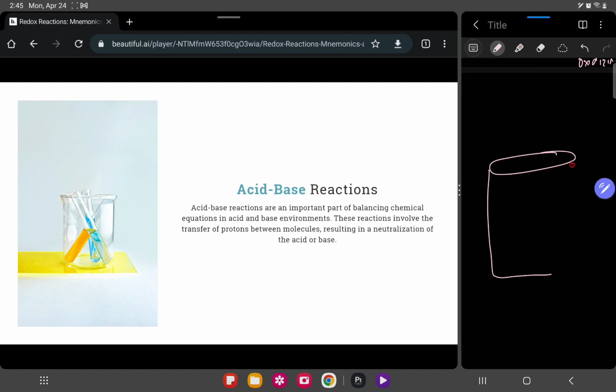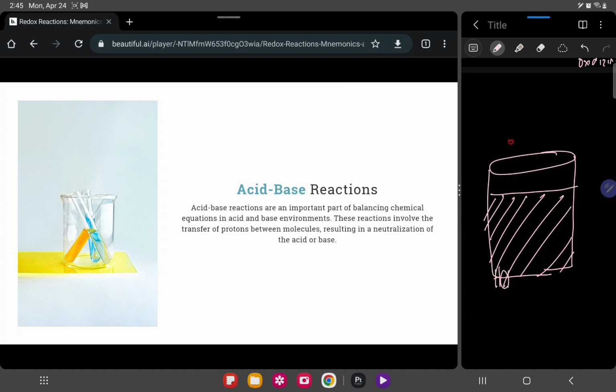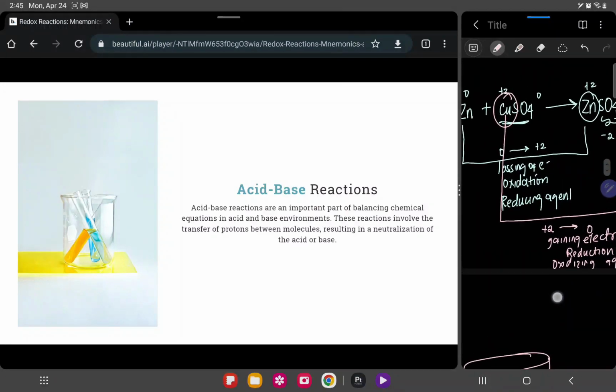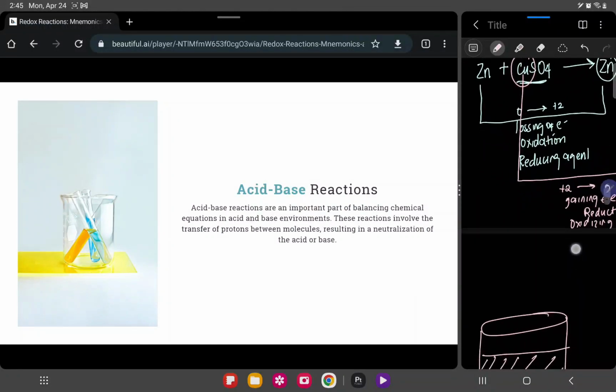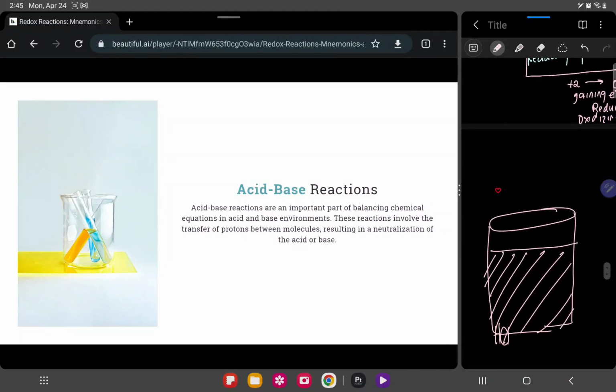Say, for example, I have a beaker here with hydrochloric acid inside, and then I add the chemicals that we discussed a while ago. I add zinc, and I also add copper sulfate, both in the beaker with hydrochloric acid.